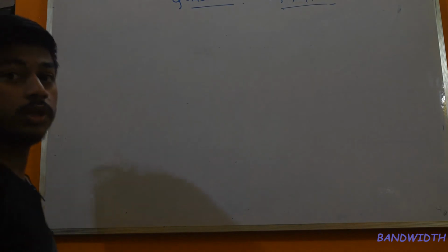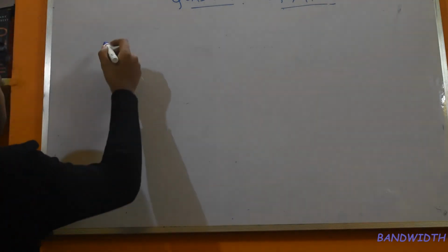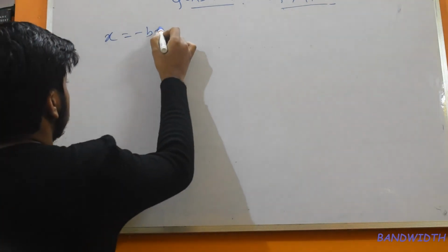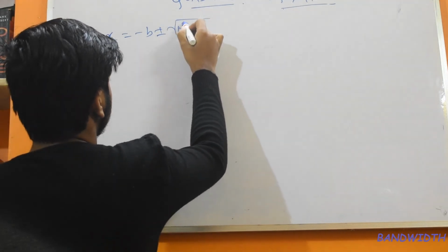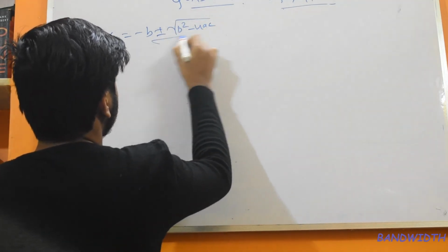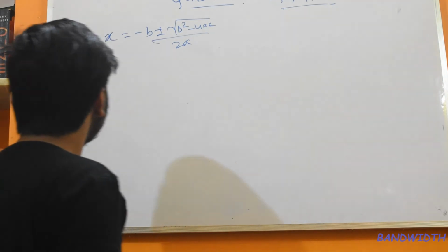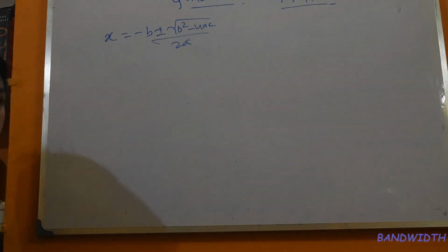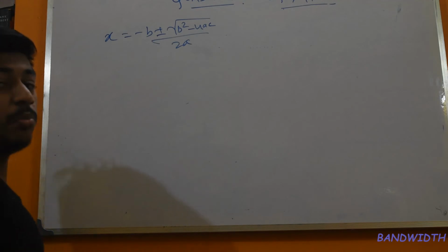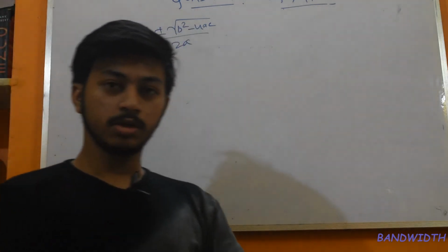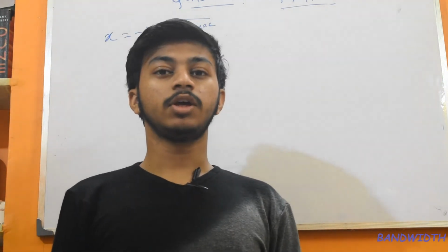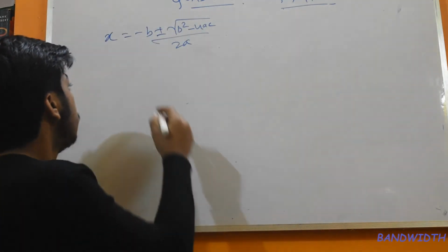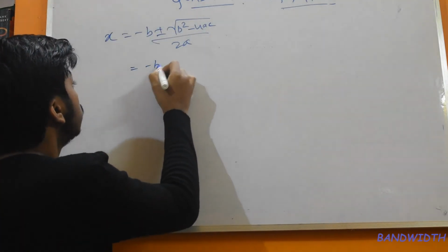Now there are a few more things that I need to tell you. In a quadratic equation, as I have told you, the maximum power of x is 2. So there are two roots of the equation, which are these.